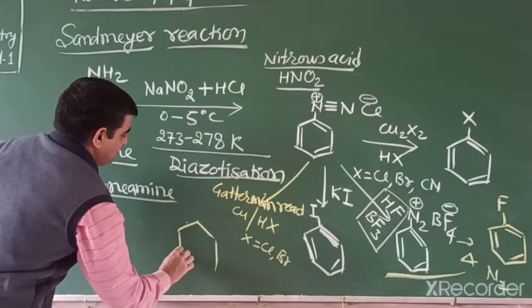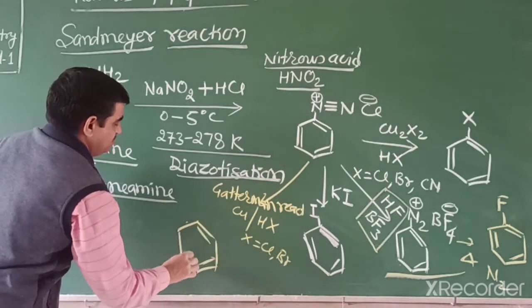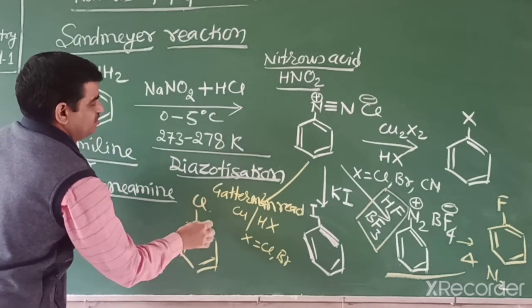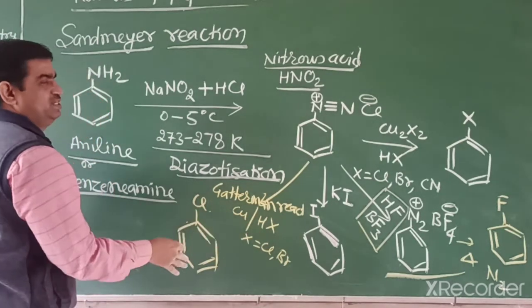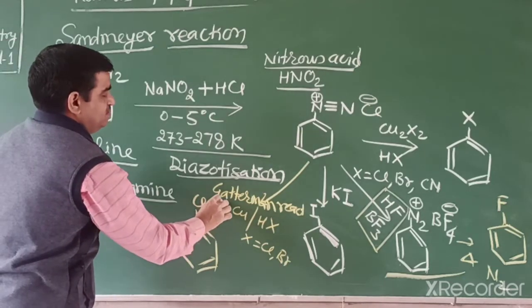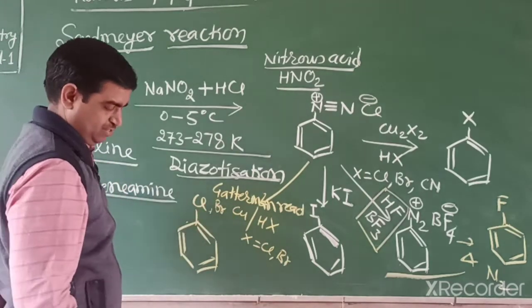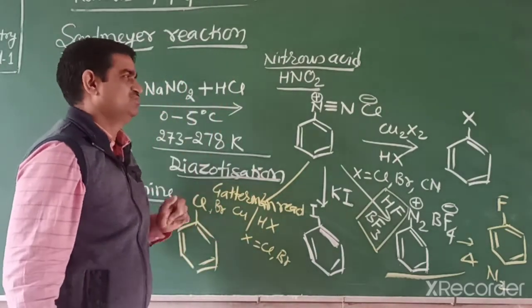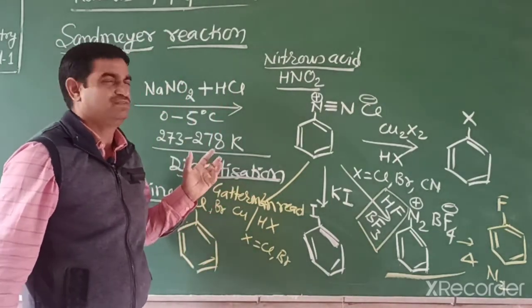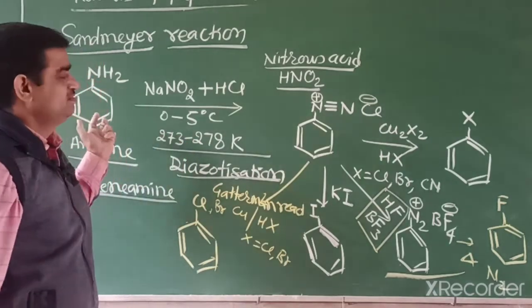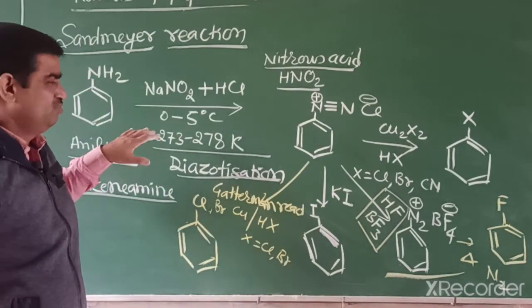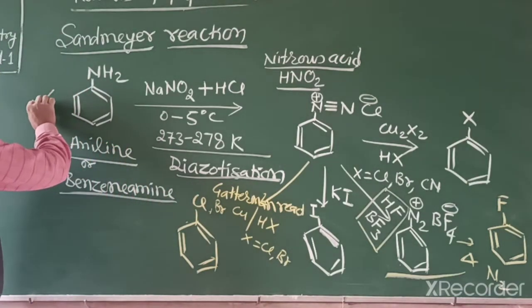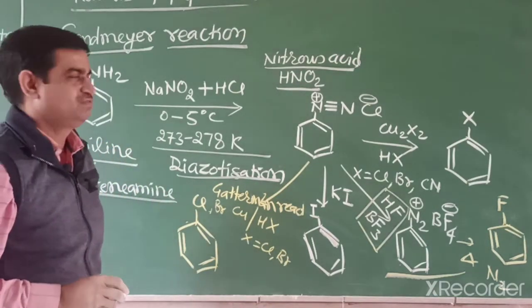That reaction name is the Gattermann reaction. If we use chlorine, then chlorobenzene, bromine, then bromobenzene. So the Gattermann reaction, Sandmeyer reaction, and diazotization, these three reactions we study here. In your syllabus, this reaction is very important, known as diazotization.